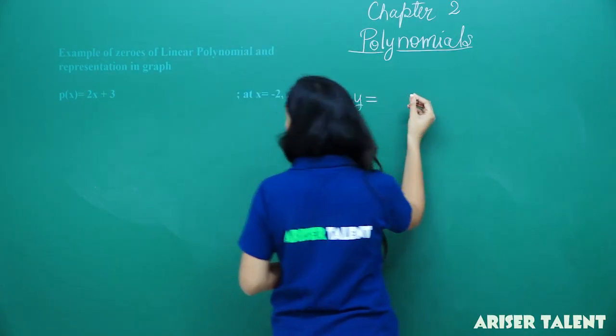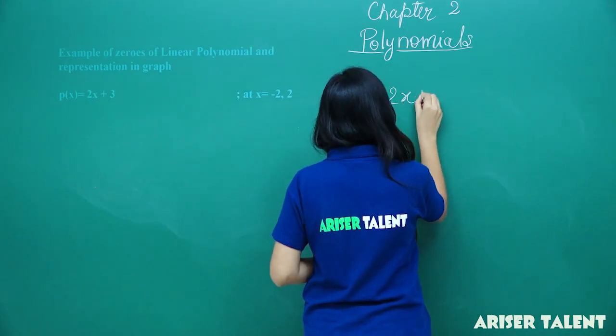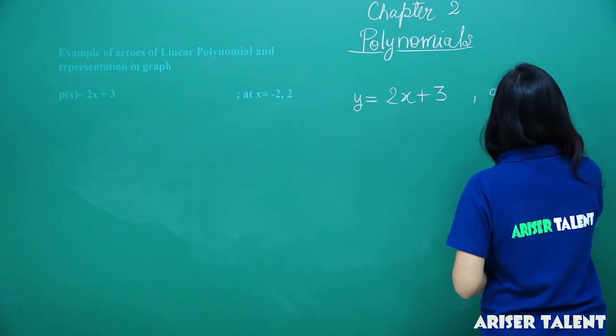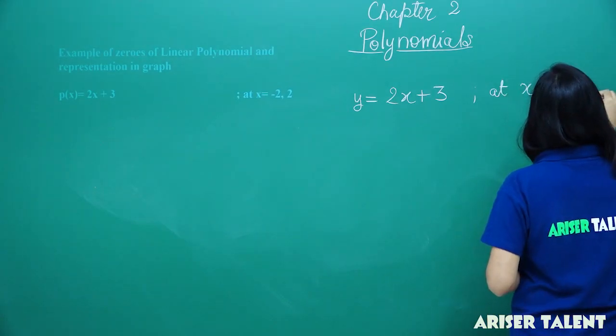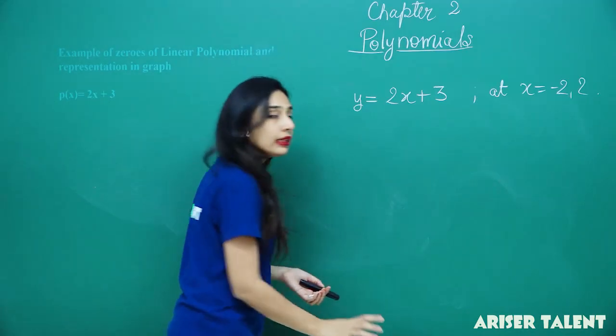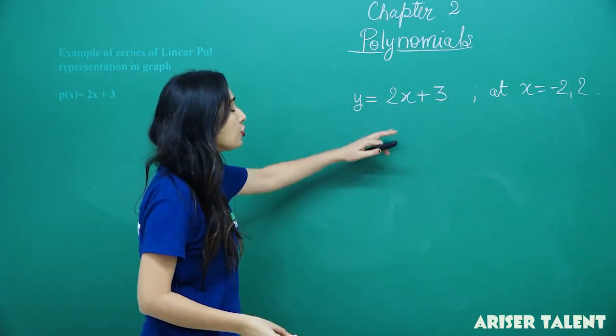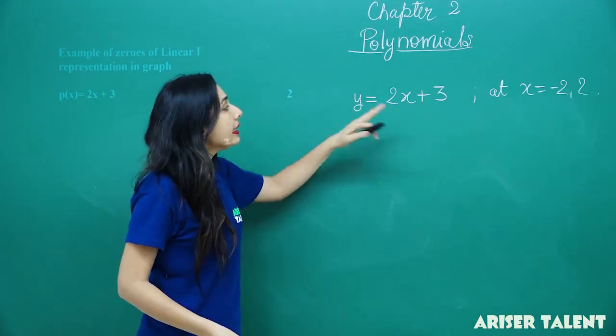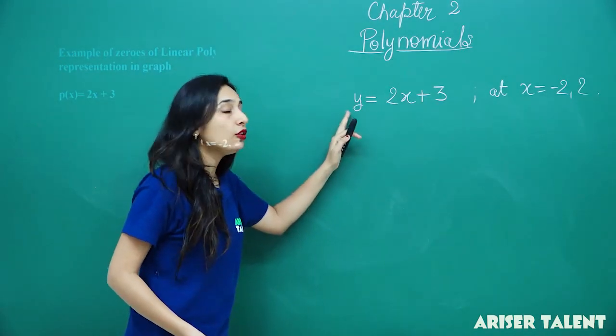y equals to 2x plus 3 at x equals to -2 and 2. Now what you have to do is just put the value of x here in this equation, and get the value of y.